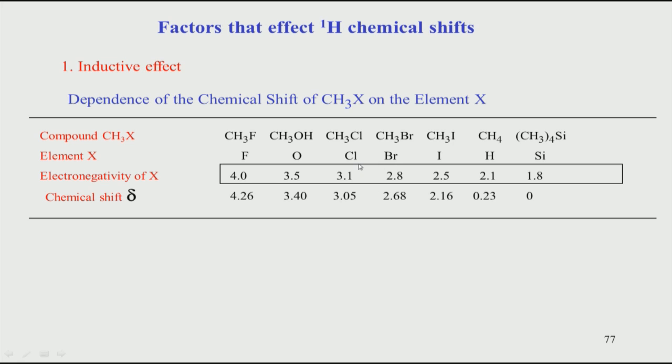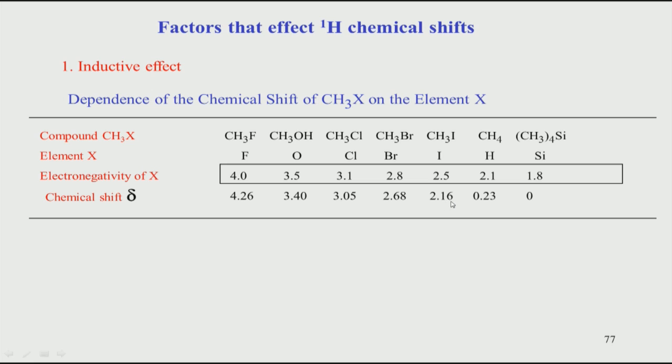Similarly, if you go to heavier halogens, we know that the electronegativity decreases. For example, if you look at a CH3I system, it also comes downfield shifted, at 2.16 compared to methane, but it is upfield shifted compared to methyl chloride.